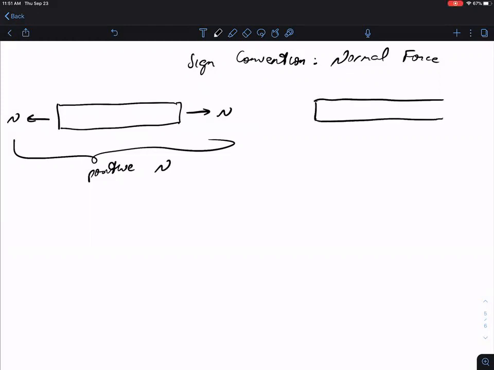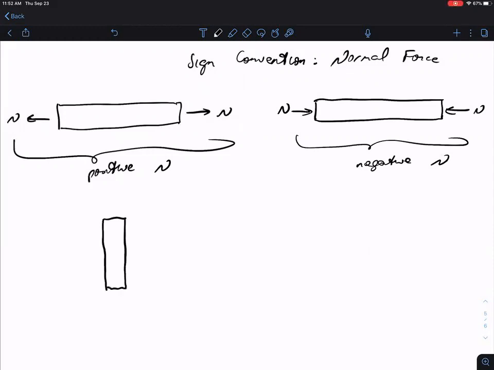And then we can look at the opposite of that. So that would be the case where the normal force produces compression on the segment, and that we would consider a negative normal force. Now, we should keep in mind this rule actually applies regardless of the orientation of the element.